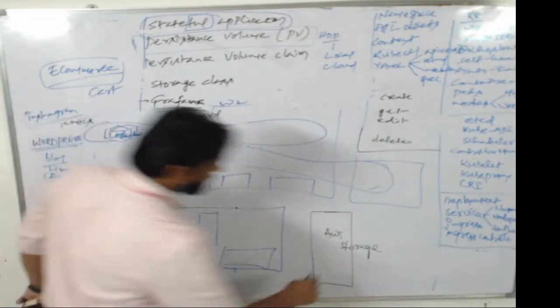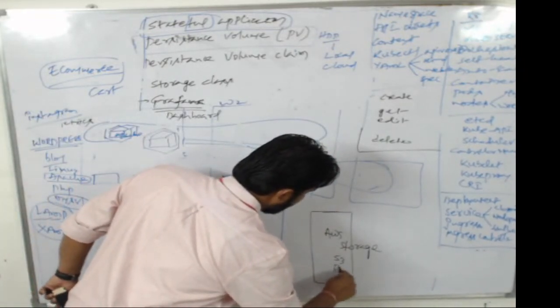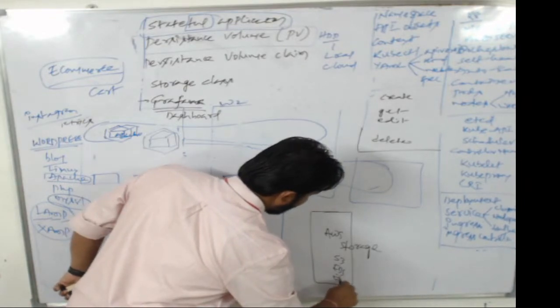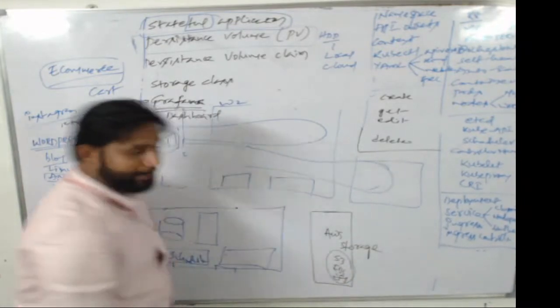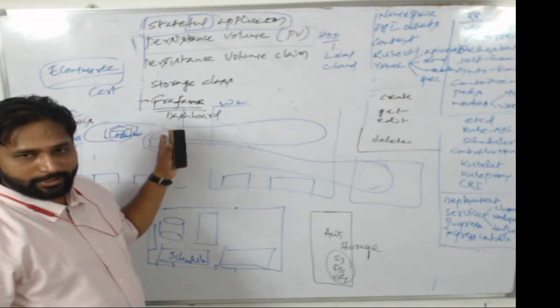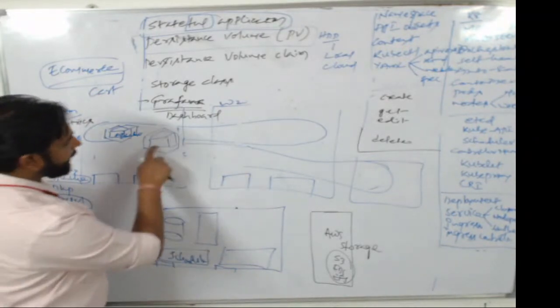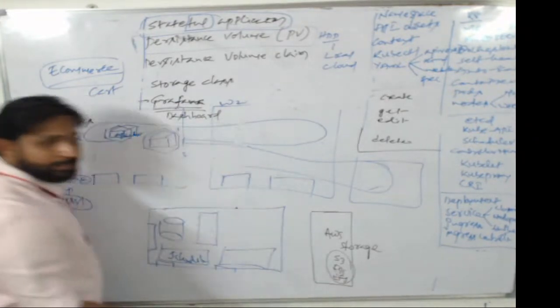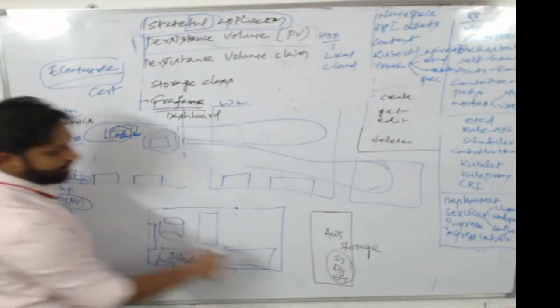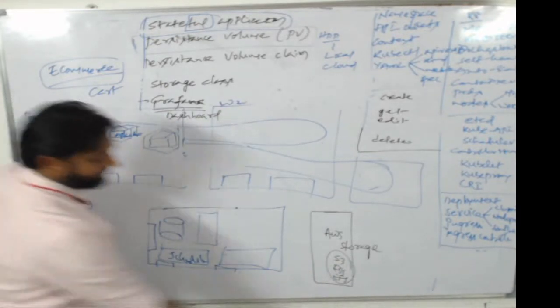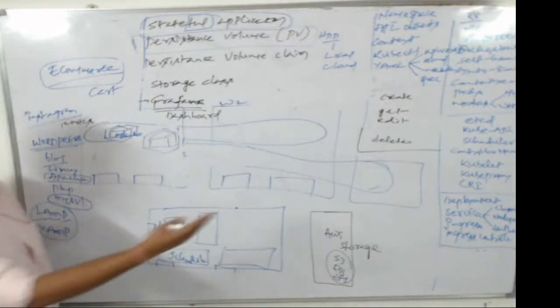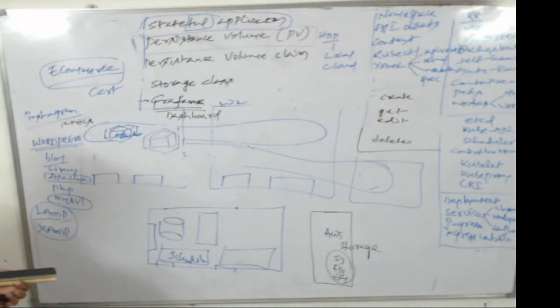What are the three types of storages we have? S3, EBS, EFS. One of these three things, depending on what kind of data you are storing. If you are storing only a database, you need EBS. If you are storing just images, you will require S3. EFS is same as EBS but available globally, kind of.